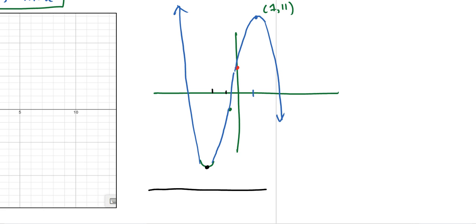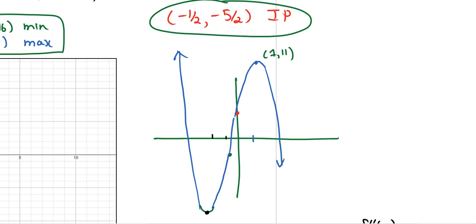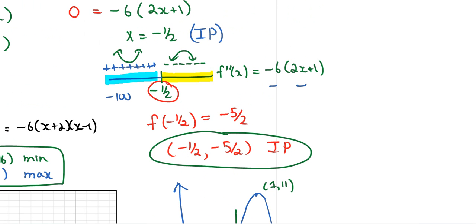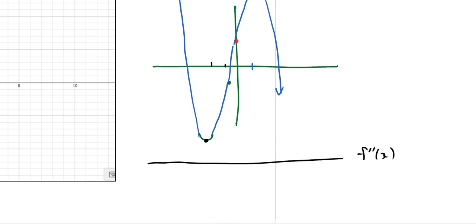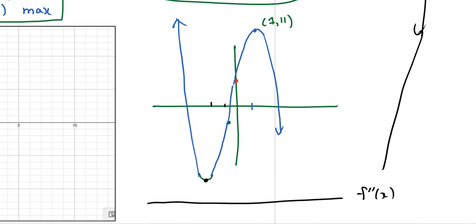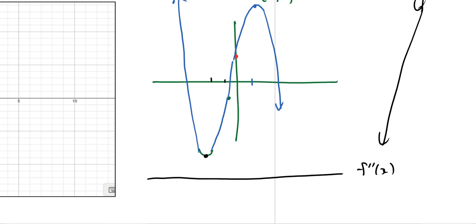Basically, I want to take this information and drag that down over here, and I know that my inflection point is at negative 1/2. I had all these positive values over here on my second derivative.